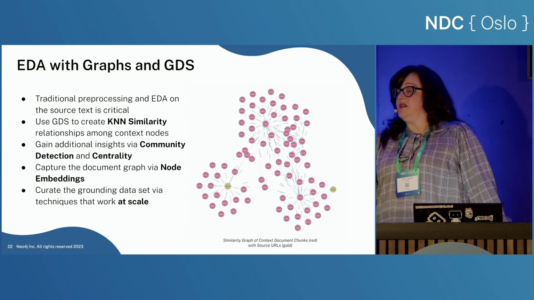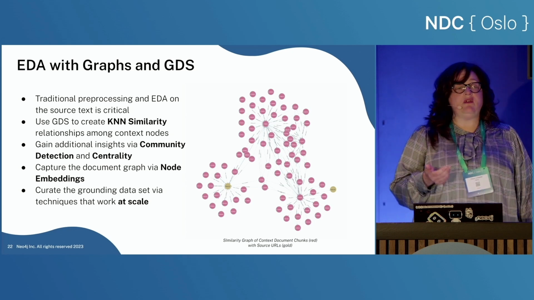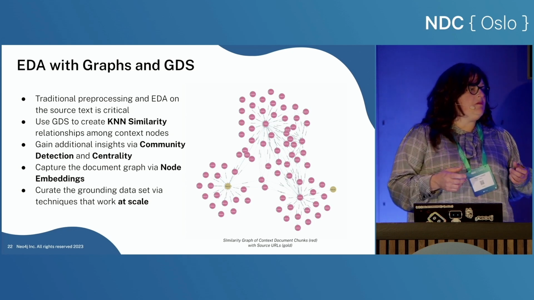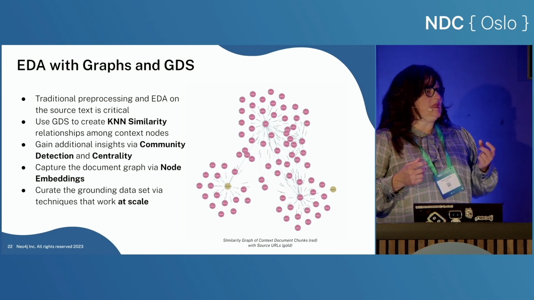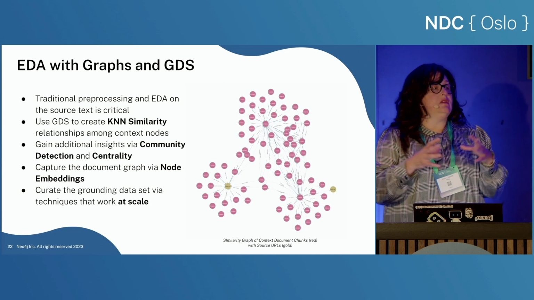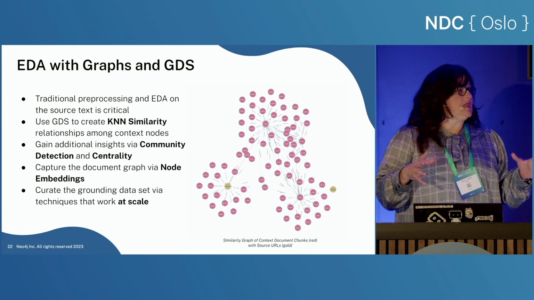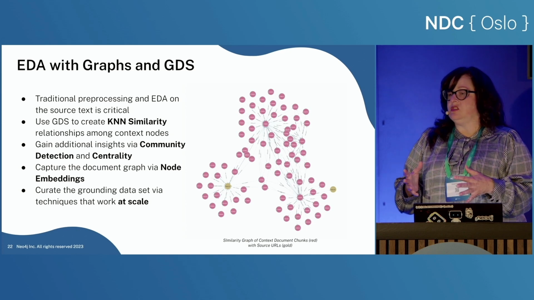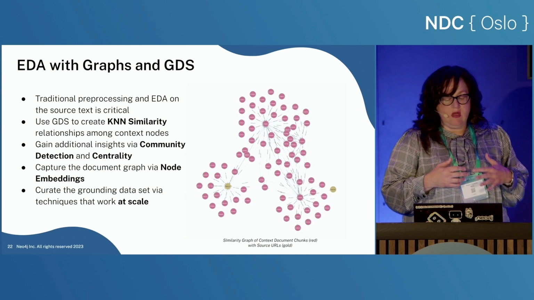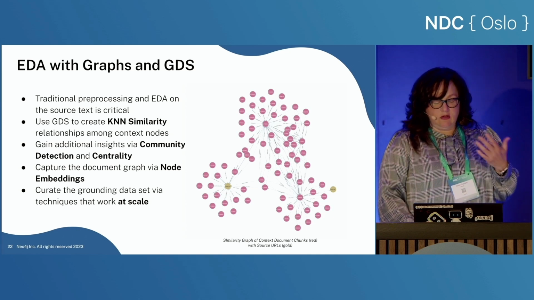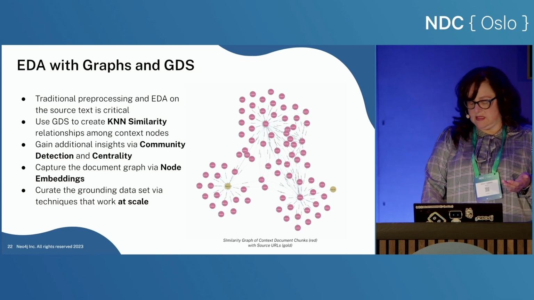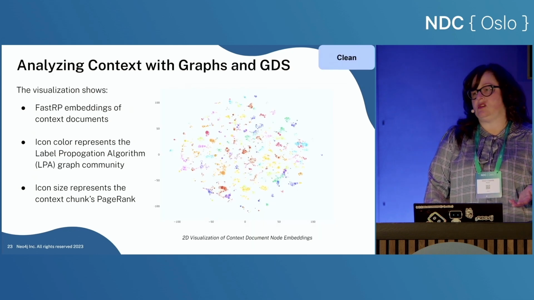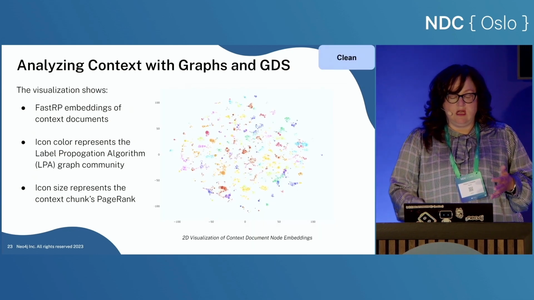So just like we have a text embedding, you can also have a node embedding. And the node embedding is the vector that represents the node itself and the additional items that it's related to within the graph. So what this allows us to do eventually is it allows us to curate this set and create techniques that work at scale. So what does that actually mean when we're trying to look at it?